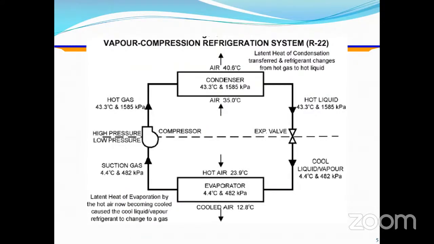So it is divided into two parts, high side and low side. Compressor and condenser up to the expansion valve is called the high side because it is high pressure and high temperature. After the expansion valve and evaporator, it's called the low side since it is low pressure and low temperature.